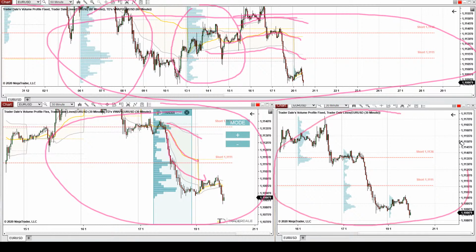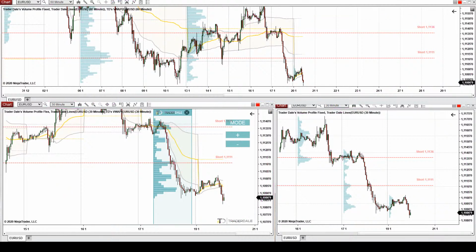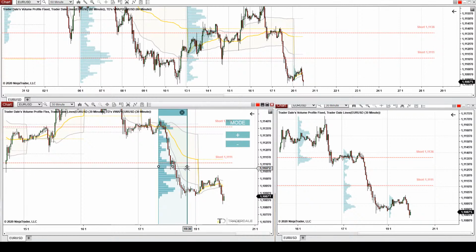And this chart right there is a 30-minute chart as well, and it shows fixed volume profiles. Those charts are linked, they show the same trading instruments, only every chart shows it a little bit differently. So let me show you the trading idea which I would like to show you there.